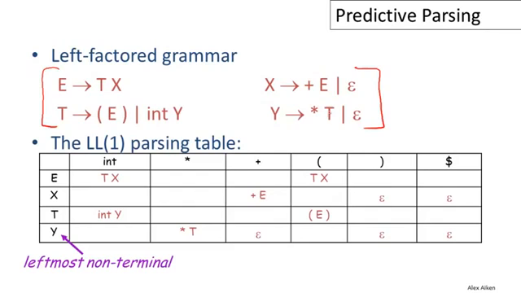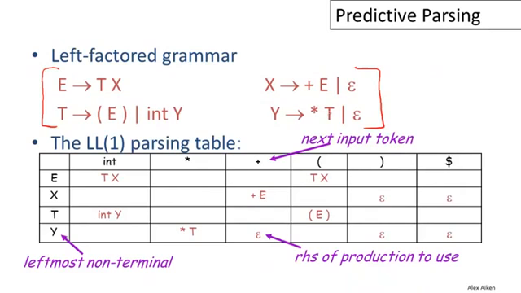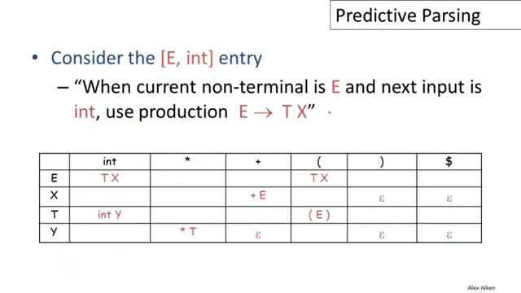So one dimension of the table is the current leftmost non-terminal in the parse tree. So that's on the rows. And then the columns represent the next input token, so the next token in the input stream. And then the entry is the right-hand side of the production to use. So which production we should use at that point in the parse. That's the production that's predicted.